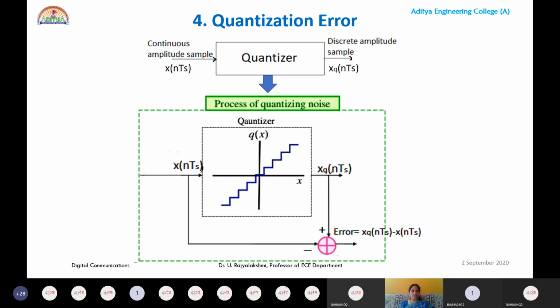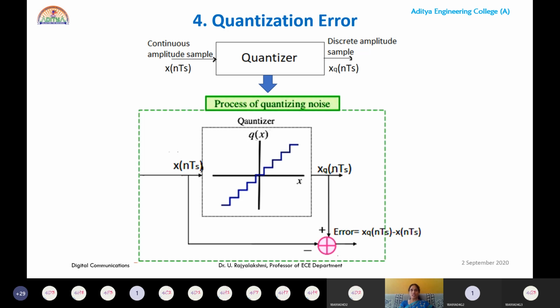Here x of nTs represents a sample signal, n suffix Ts. It represents that the signal exists only at sampling intervals, where n ranges from minus infinity to plus infinity. Coming to the input, the amplitude is continuous but the time is discretized, and that is applied to the quantizer, which divides the amplitude axis into 2 power n levels.